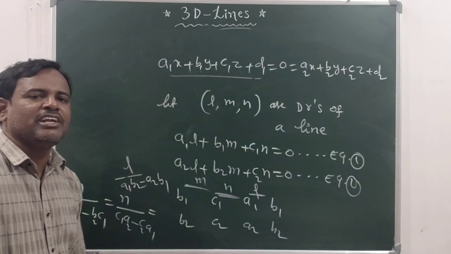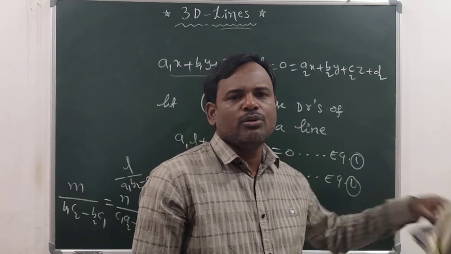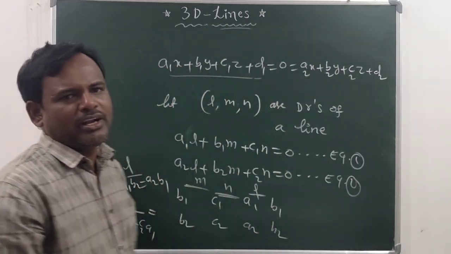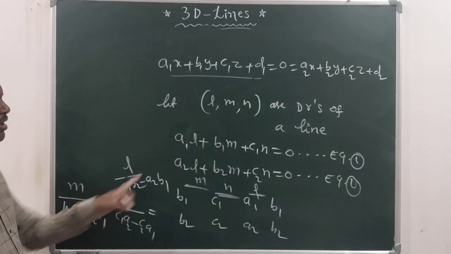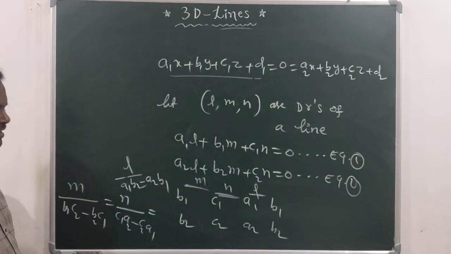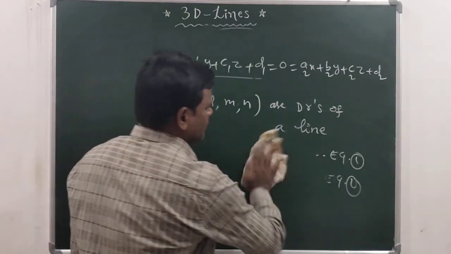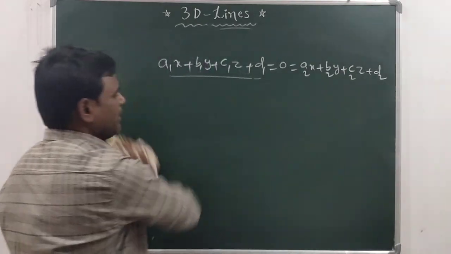Next you would have to identify a point on the line. What you have to do? Point on the line. How do you identify a point on the line? You got the DRs. Keep it aside. Now let us identify a point on the line. Point on the line means how do you find?